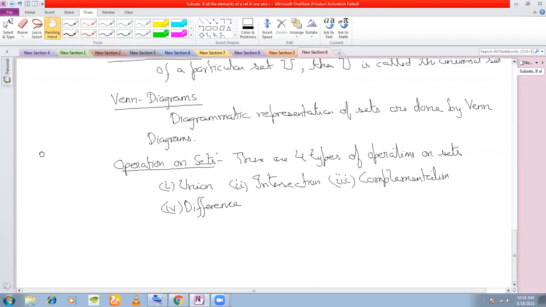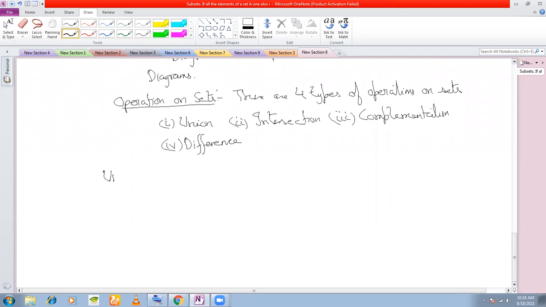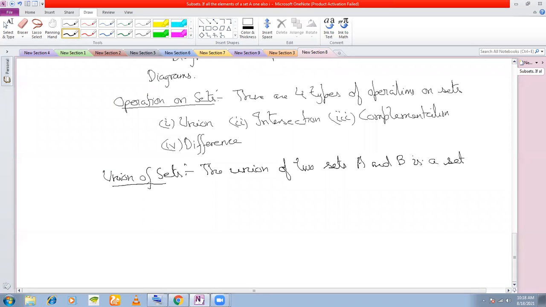Okay. We first discuss what we call the union of sets. The union of 2 sets A and B is a set denoted by A union B, and is defined as, very important definition, again a mathematical definition.